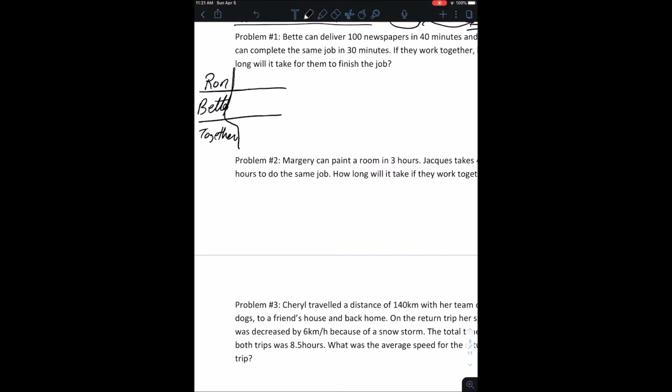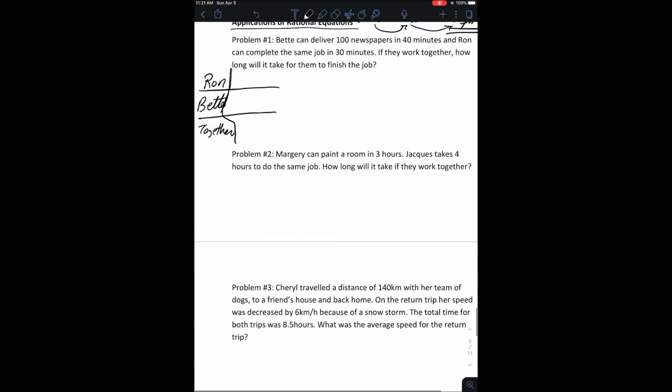To do the job on his own, Ron takes 30 minutes, Betty 40, together some time t that I don't know. I don't really like using t as a variable, but in this case it stands for time. So this is my first column. And then I'd like to think about, well, what could they do in 1 minute?